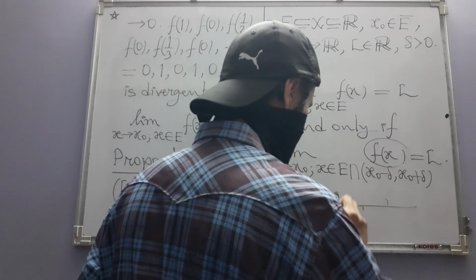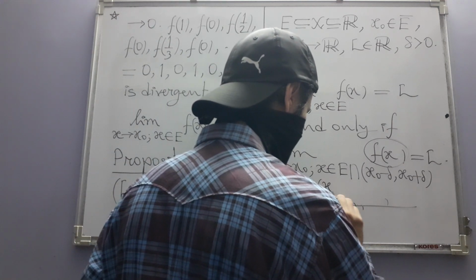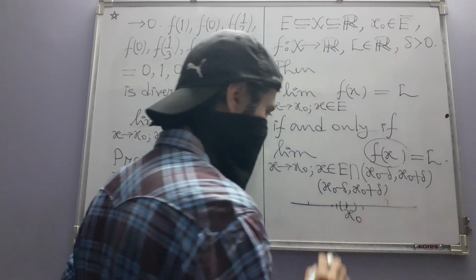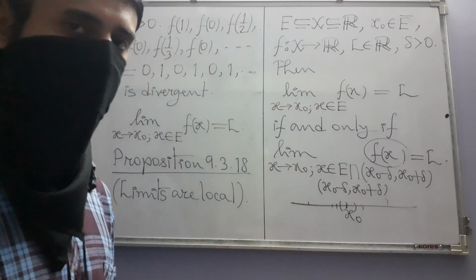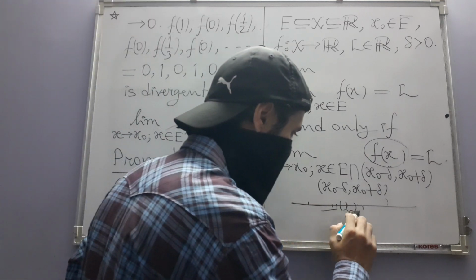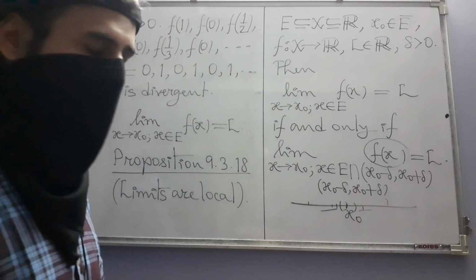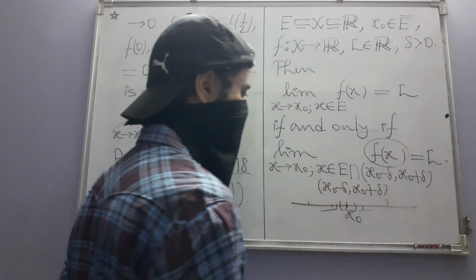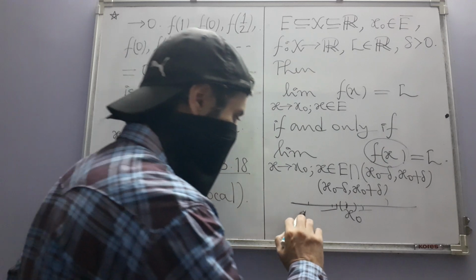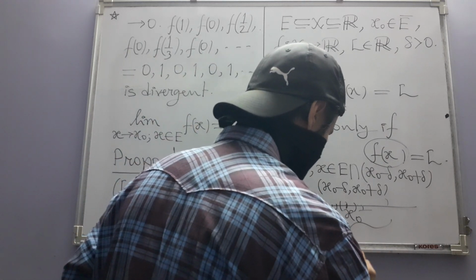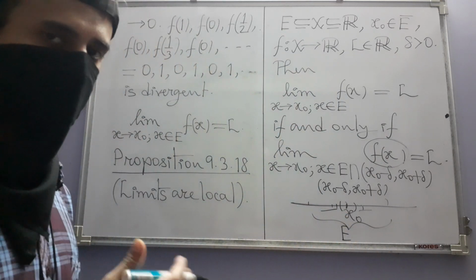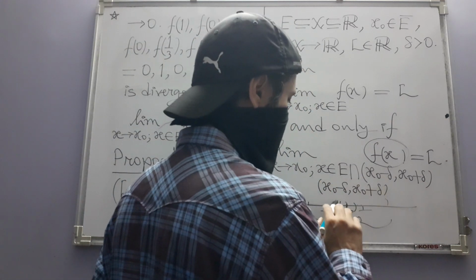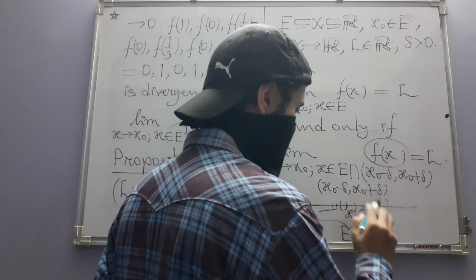So you can then choose that region as this interval by choosing delta small enough so that those problematic points can now be avoided. And then you consider the intersection of this and E. Of course, here I have just simply considered this portion, but E may be more complicated also. But now you no longer have those problematic points.